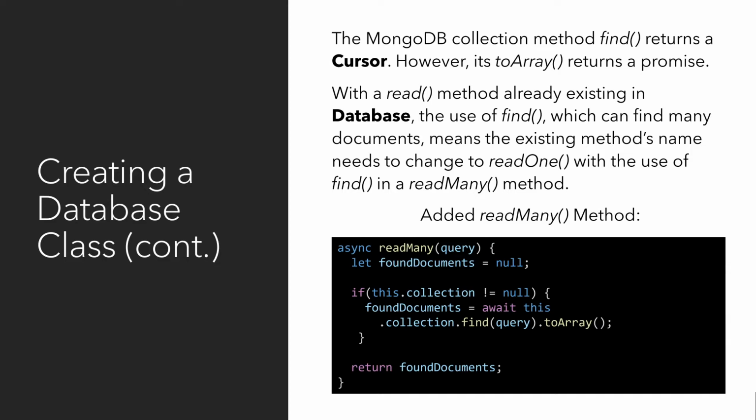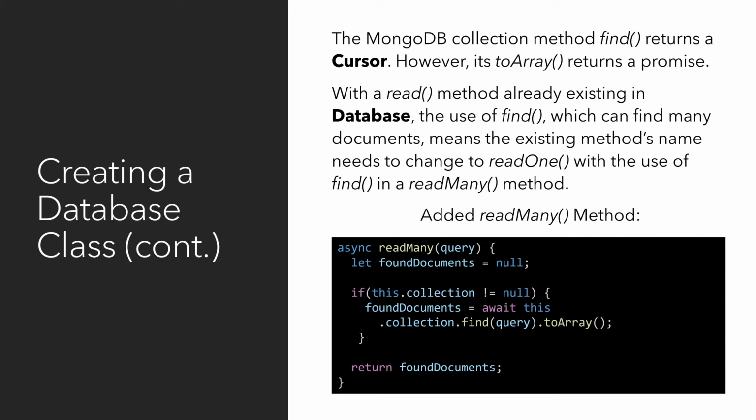So with a read method already existing within database, the use of find, which would find many, means the existing method's name needs to change to read1 for the existing find1, and the use of find in a read many method. At the bottom of this slide is an added read many method.